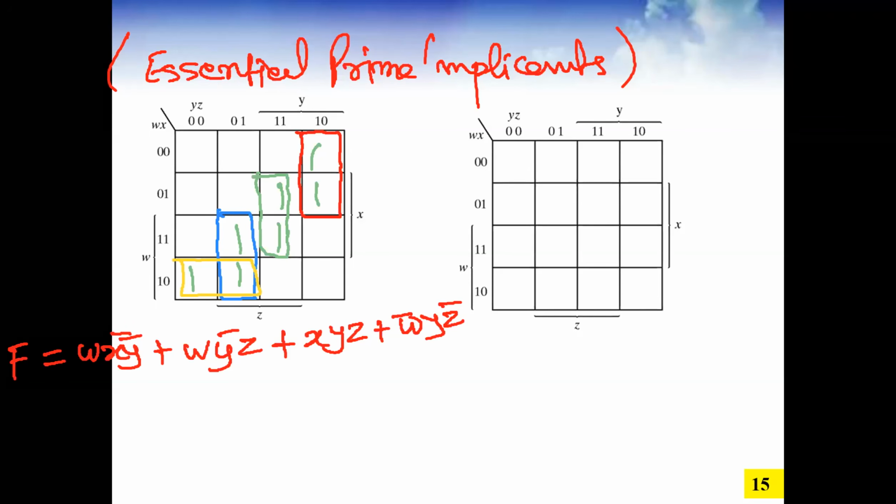So while I was making the groups, did anyone think to make a group in a different way, or do you think this is the only solution? Is there any other way to make the groups? Yes. Okay, what is this? First one like that, horizontally. Second one vertically. Very good. So you are thinking like that.